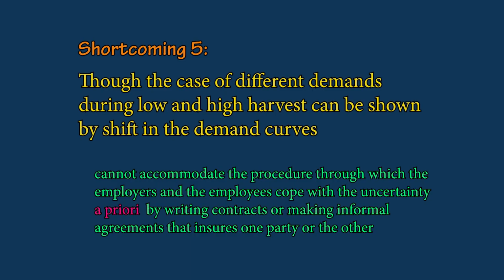What is that? Even if we accept that shift, we cannot accommodate the procedure through which, in the real world, employers and employees cope with uncertainty a priori by writing contracts or making informal agreements that in reality ensure one party or the other.